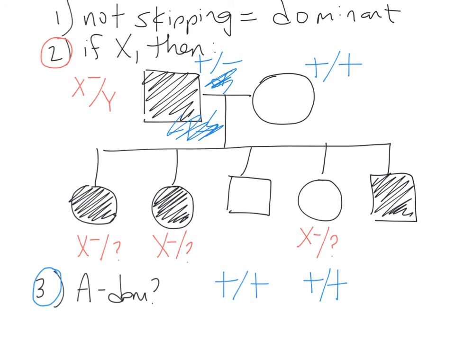So if this is autosomal, there shouldn't be a sex bias. It should go equally to males and females, and that's basically what we see. About half the daughters are affected, about half the sons are affected. And overall, about half of the kids are affected. So that's consistent with being an autosomal dominant trait being passed from a heterozygous dad. So it could be autosomal dominant.